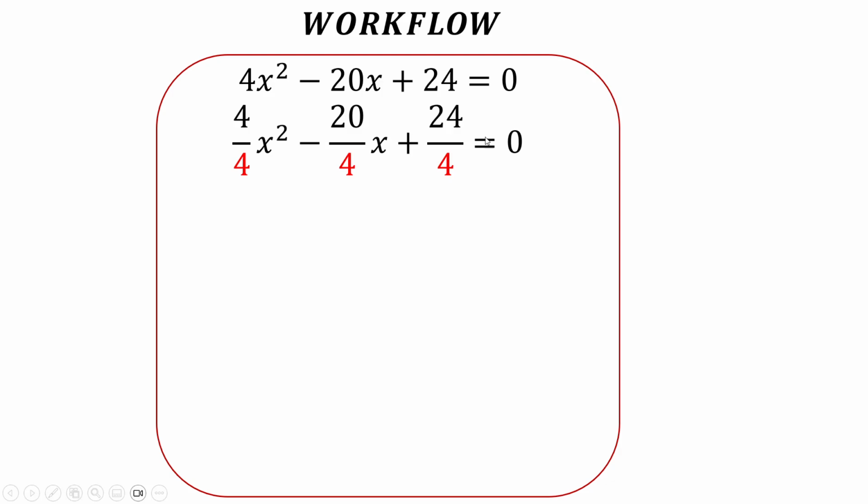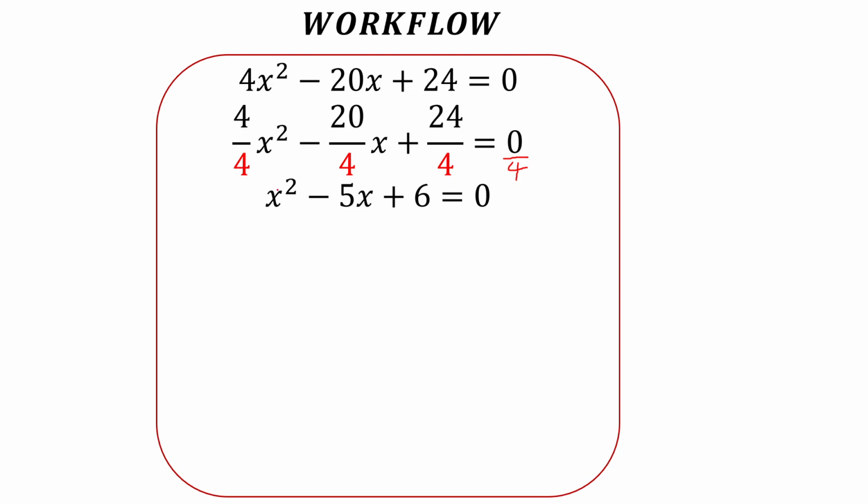This part is also supposed to be 4 divided by 4, and this part is supposed to be divided by 4 as well. But 0 over 4 is the same thing as 0, so that's probably why I ignored it at first. So you divide the whole equation by 4 and simplify further. That gives you x squared minus 5x plus 6 equals 0.